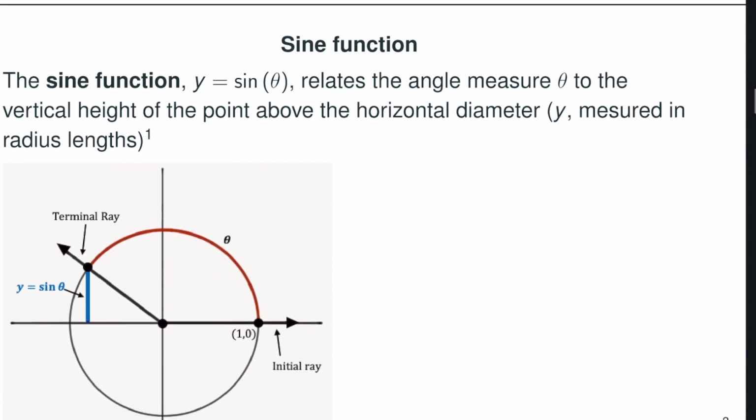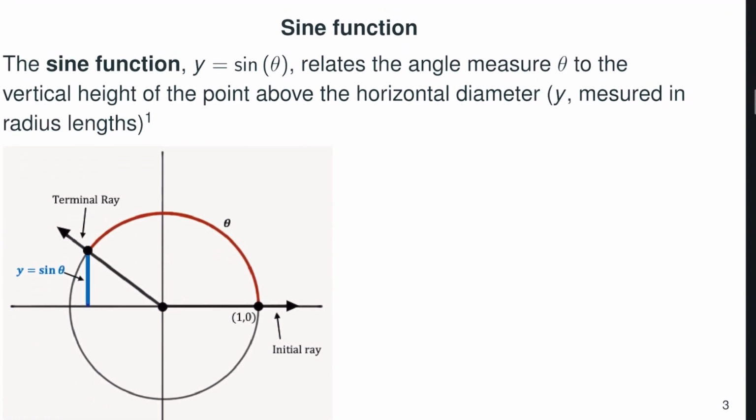Let's look at the first trig function, called the sine function: y equals sine theta. Even if it's not written as theta, even if it's written as t or x, it's always implied that the something inside sine is an angle measurement.